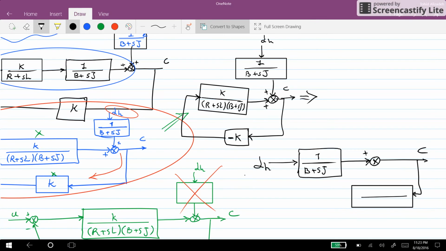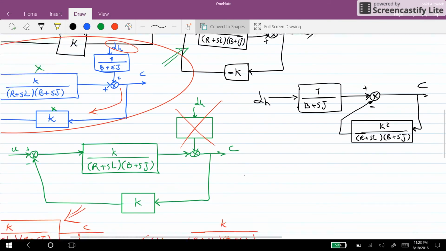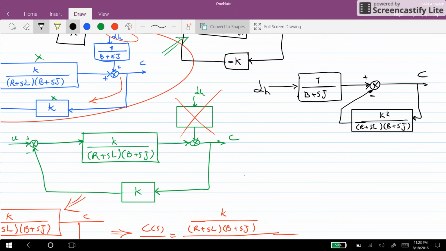the transfer function of k squared over r plus sl times b plus sj, and the sign of the feedback is negative. We can simplify it further, especially this part.